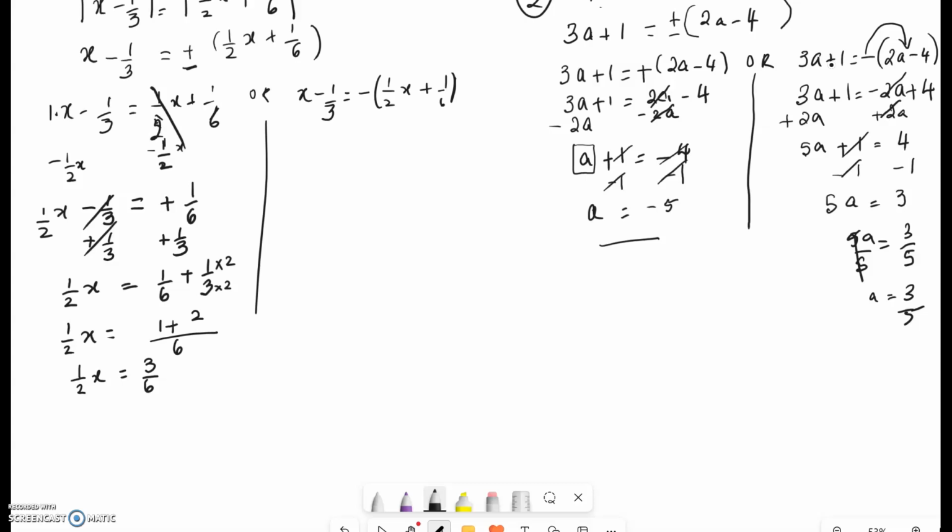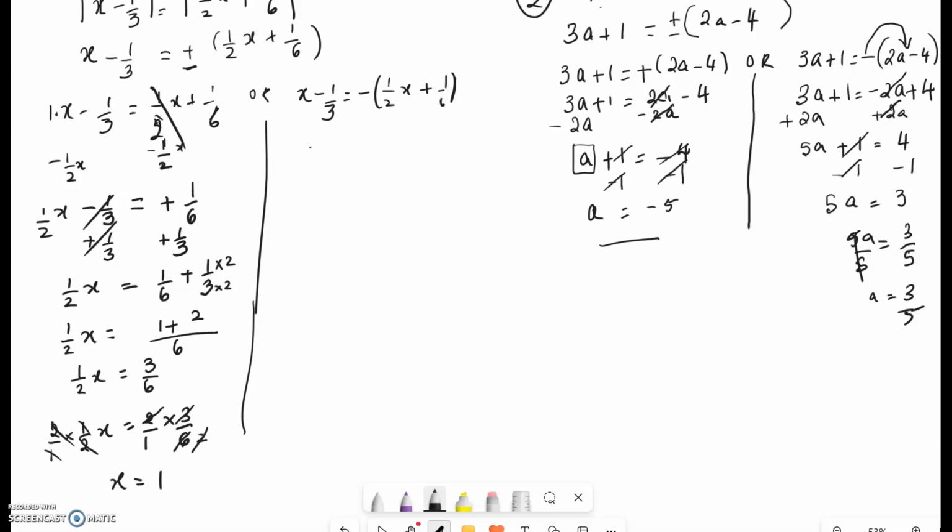So to get rid of the half, we multiply both sides with its reciprocal, 2 over 1. It's 2 over 1 times 3 over 6. 3 goes 2 times into 6, the 2 and the 2 get cancelled, and we get x equals 1. That's one of the values of x.